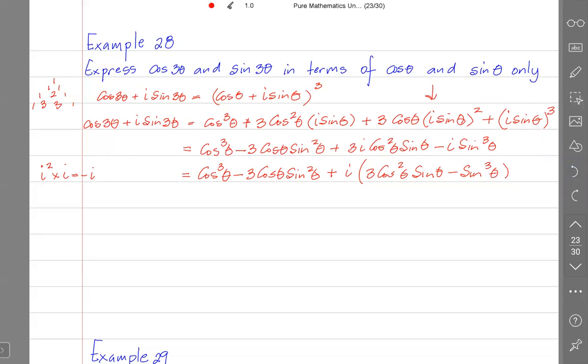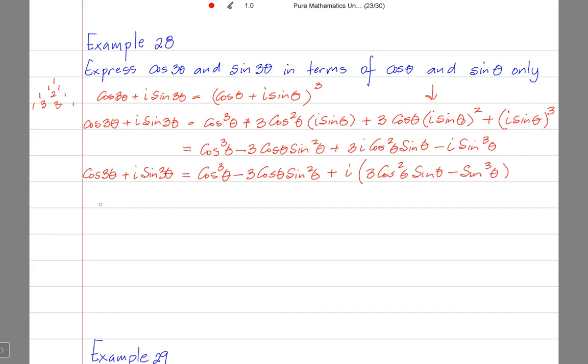So let's finish this up. Now I have a complex number on the left being equal to a complex number on the right. Now, when two complex numbers are equal, the real part on the left is equal to the real part on the right.